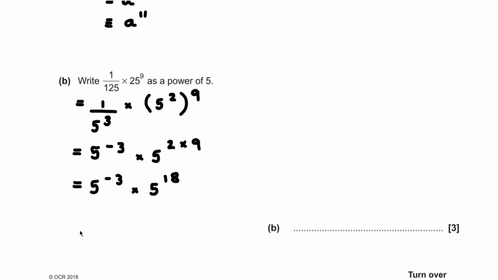And I've got the same base and I'm multiplying, so I need to add the powers. So I've got 5 to the negative 3 plus 18. So I've got 5 to the power of 15.